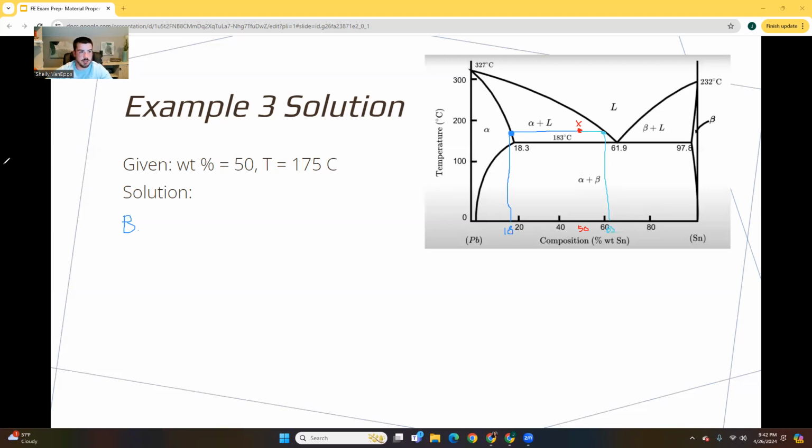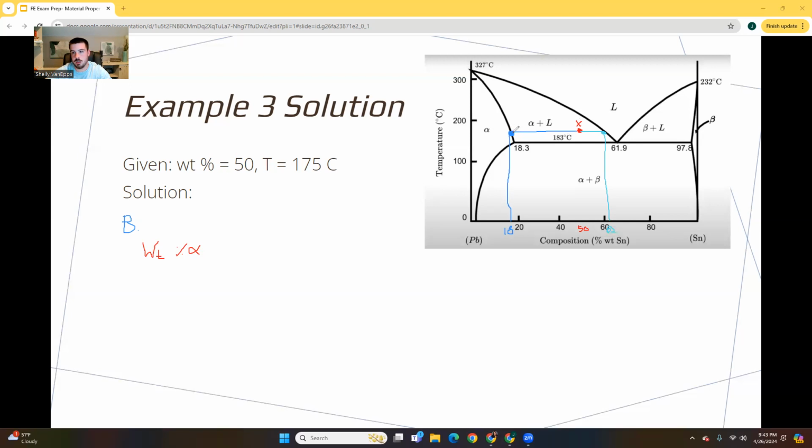Now it's time to take the lever rule and come up with our equations. For the weight percent alpha, we are looking to figure out the percentage just inside of this alpha plus liquid region.